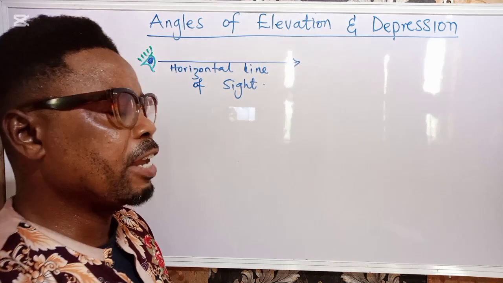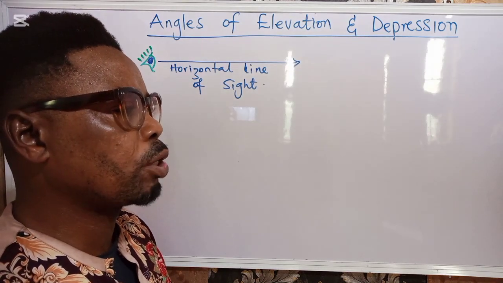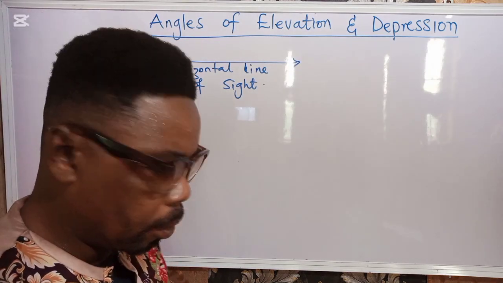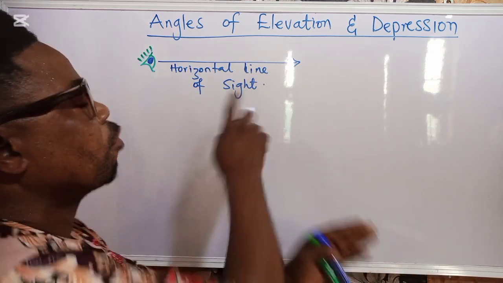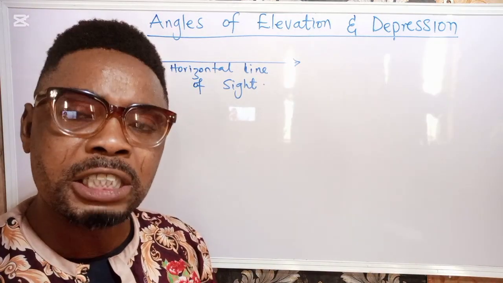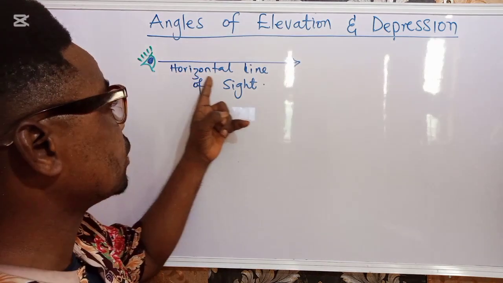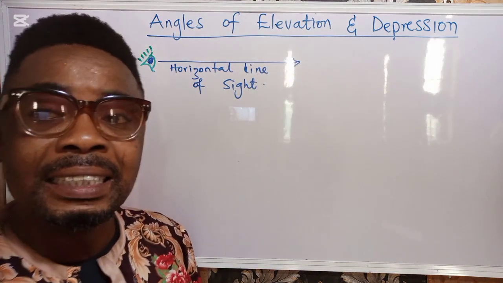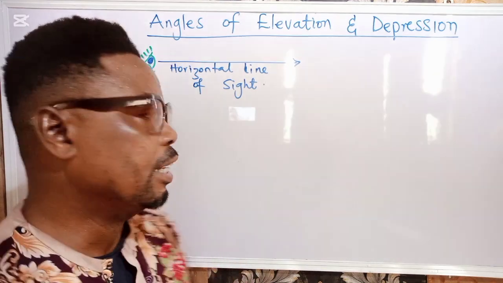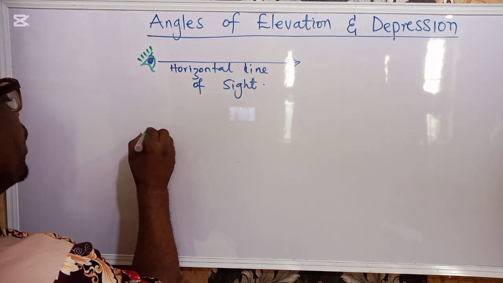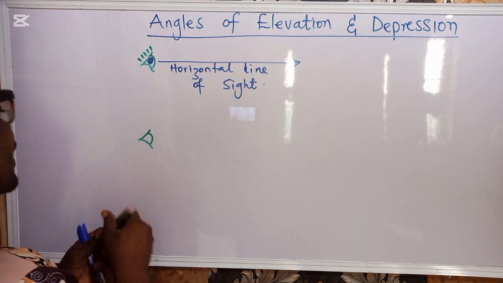Now, if anyone is being asked to look either up or down, deviating from the horizontal level of sight, an angle is formed between the horizontal level of sight and the level of sight of an object. Level of sight of an object is when we have something like this.